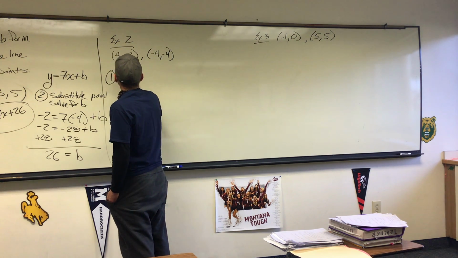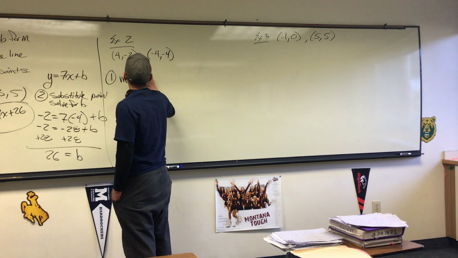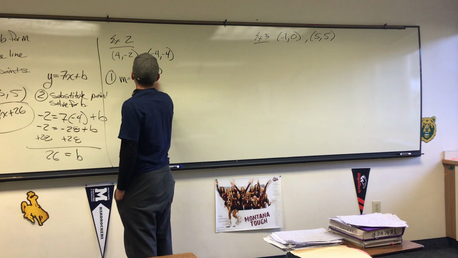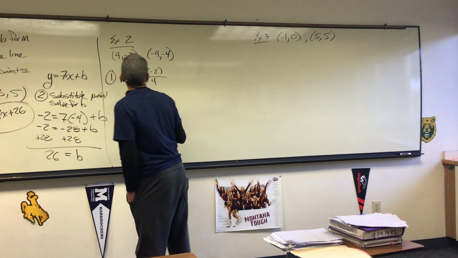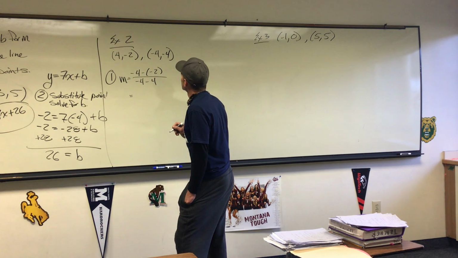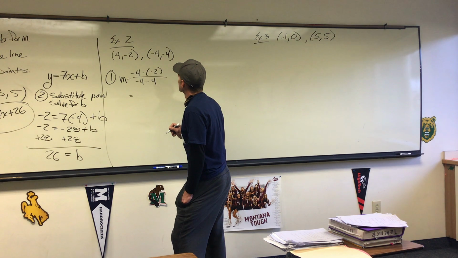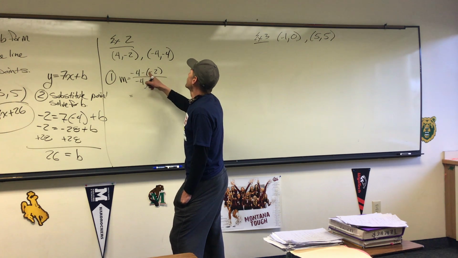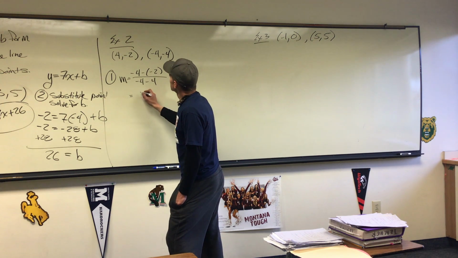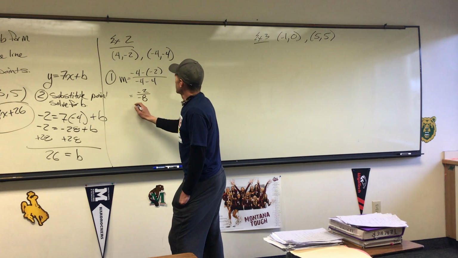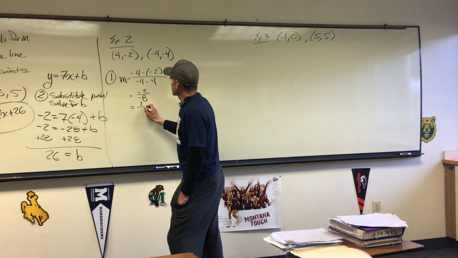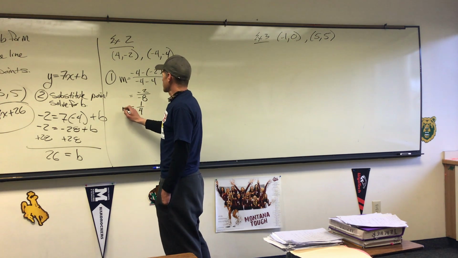First thing to do, find the slope. m is equal to negative 4 minus negative 2 over negative 4 minus 4. Negative 4 plus 2 is negative 2, negative 4 minus 4 is negative 8, and the slope then is 1/4. We can simplify it to 1/4.